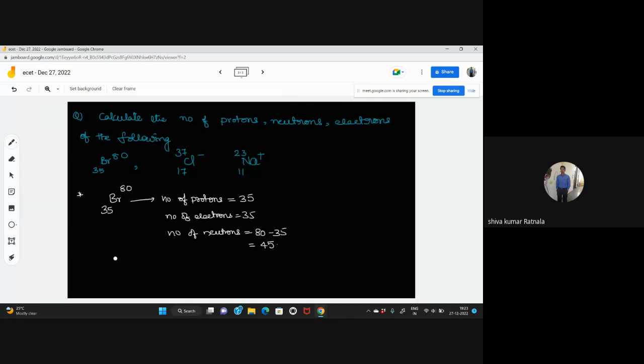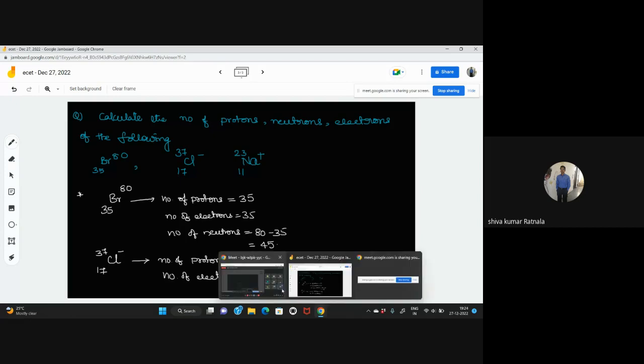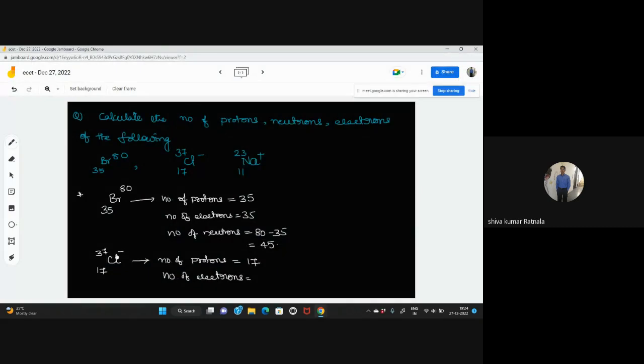Okay. Next one, in case of chlorine 17, 37 minus. In this one, number of protons remains the same, 17. Whereas how many electrons will there be? Minus means it is gaining one electron, right?